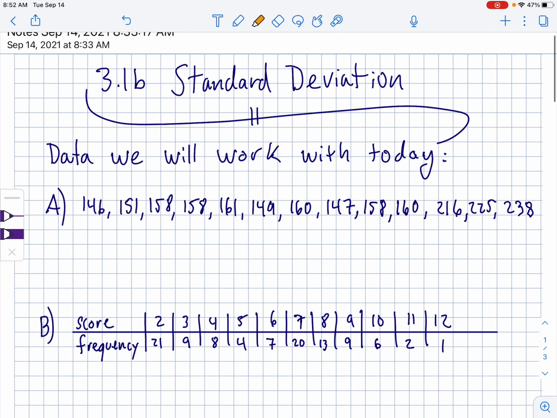For this first data set A, we are going to find the standard deviation. Since this is just one string of data, it doesn't have frequency. I'll write out the steps. Hit the stat button if you're working on a TI-84 or 83, then hit edit.